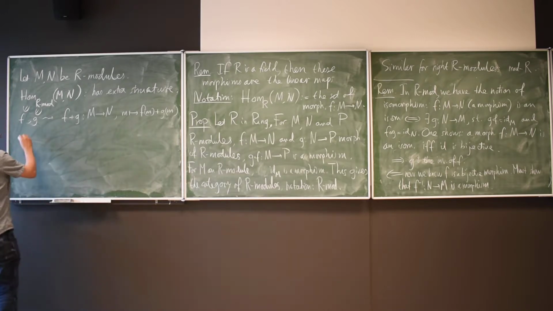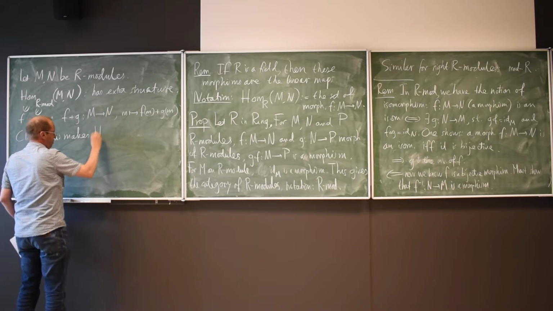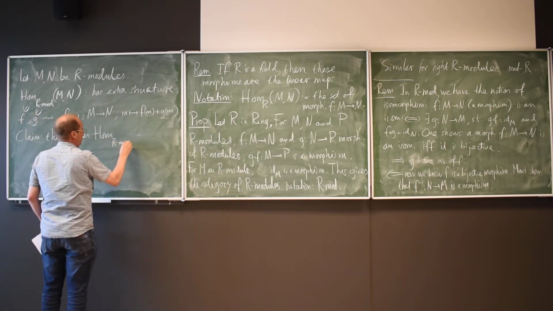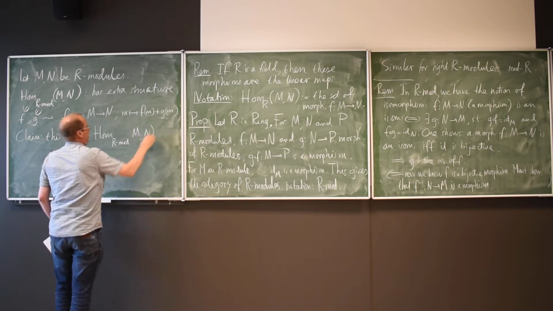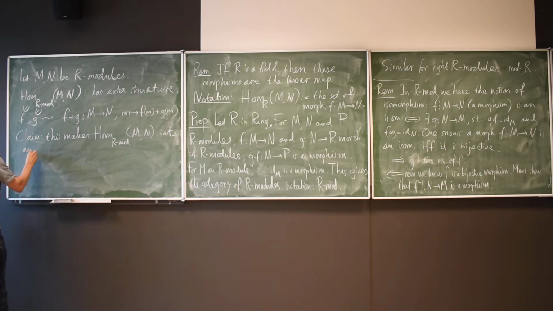And the claim is also that this makes Hom R-mod of M, N into an abelian group. So there must be a zero element.